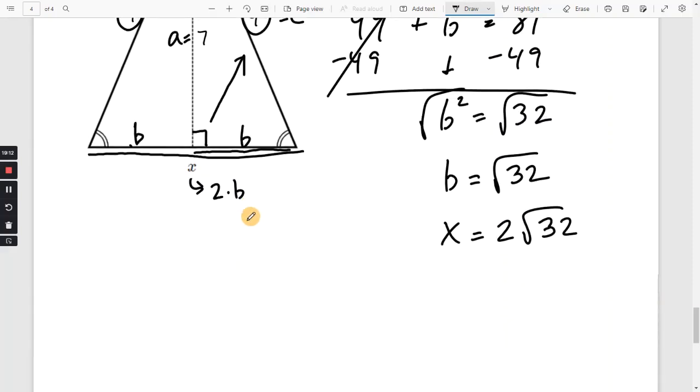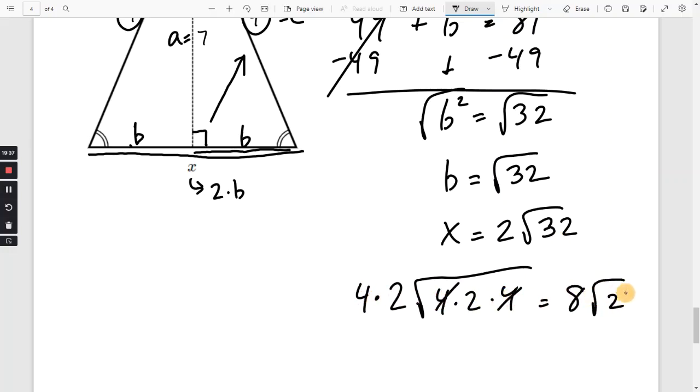Okay, I won't make you simplify, but if you wanted to, this would be 2 times, this is 8 or 4 times 2 times 4 for the 32. And the square root of 4 times 4 is just 4. So that's 8 radical 2. But I probably won't make you simplify. I'll give you multiple choices.